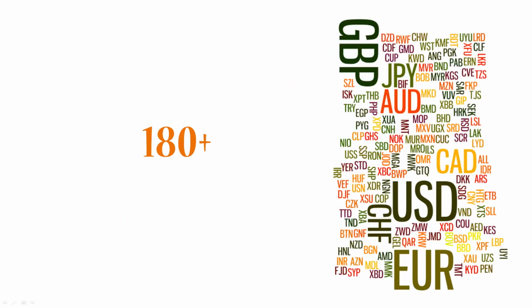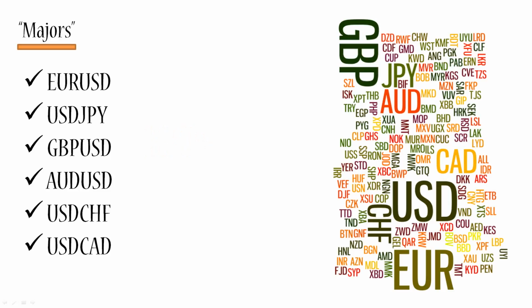There are over 180 currencies in the world, and you can combine any two of them to give you a currency pair. Most traders identify two main groups of currency pairs, and these are the majors: the euro US dollar, the dollar yen, the British pound dollar, the Australian dollar American dollar, the dollar Swiss franc, and the dollar Canadian dollar.